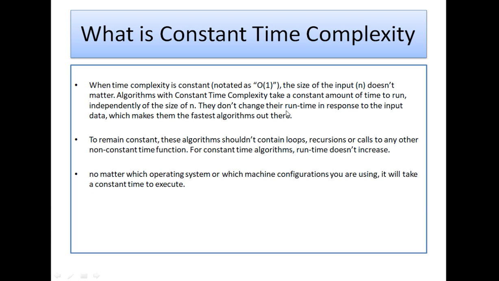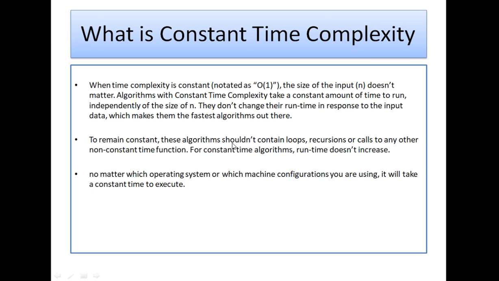There are a couple more time complexities available, and we will discuss each of them briefly in later sessions. But for now, remember that constant time complexity is the fastest algorithm available.